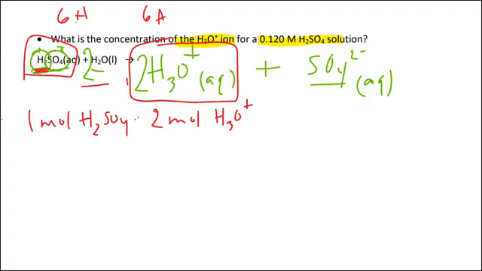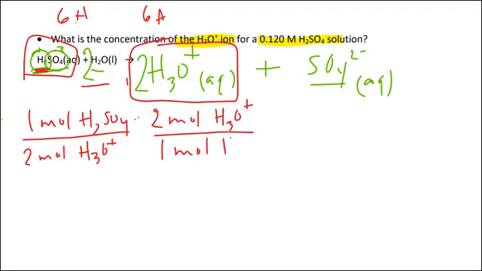So again, to write those mole ratios, I can say 1 mole of H2SO4 for every 2 moles of H3O+, or 2 moles of H3O+ for 1 mole of H2SO4. So either one of those.